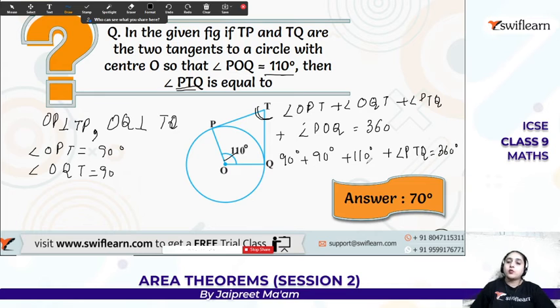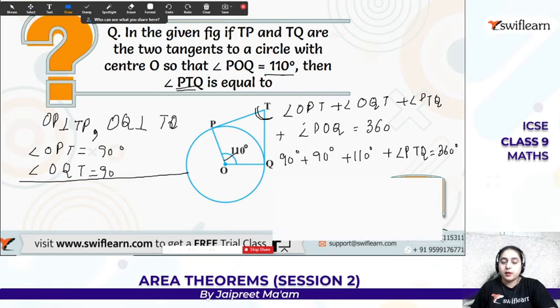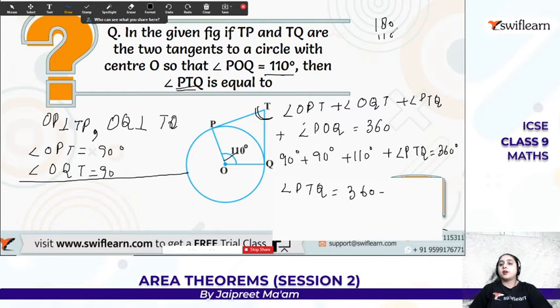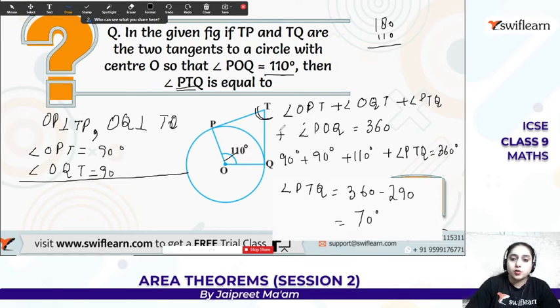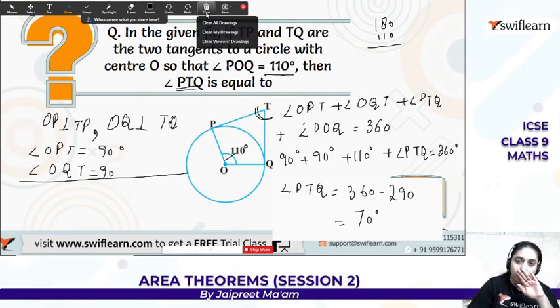Adding 180 plus 110 will be 290, and when we subtract 290 from 360, the answer is 70 degree. So angle PTQ is equal to 70 degree.